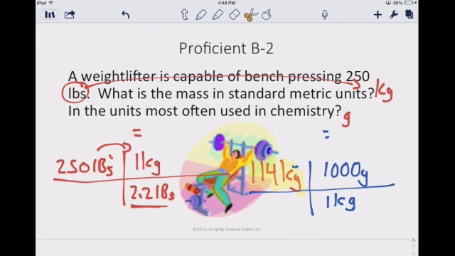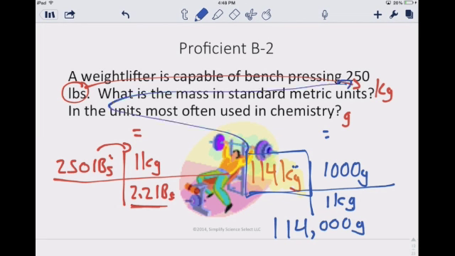Then we multiply the top and divide by the bottom. So 114 times 1,000 divided by 1 will be 114,000 grams. So the two answers are 114 kilograms, that's how much 250 pounds is, and 250 pounds is 114,000 grams.